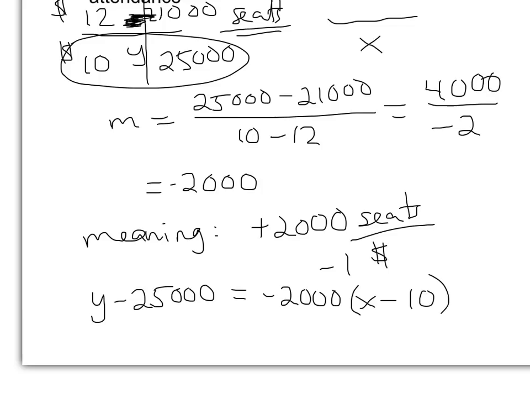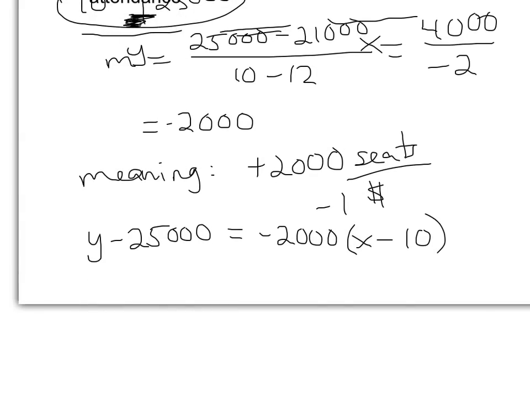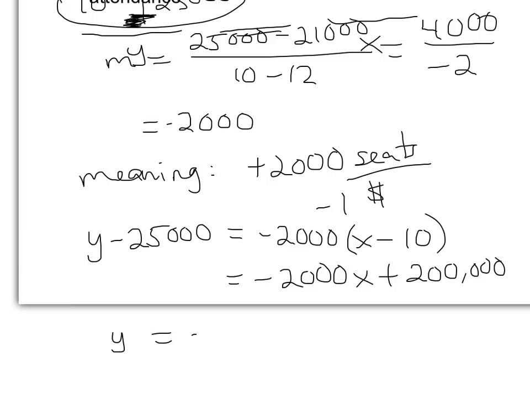And so we can reduce this a little bit by solving for y, and we have the right hand side being negative 2,000 x plus, right, negative 2,000 times negative 10 will be plus 20,000, and then we're going to add 25,000 to the other side, and that'll be how attendance will depend on the ticket price.